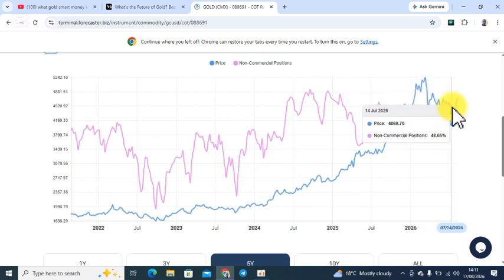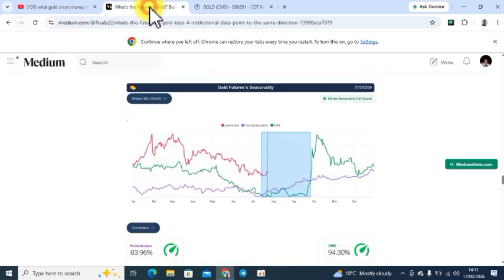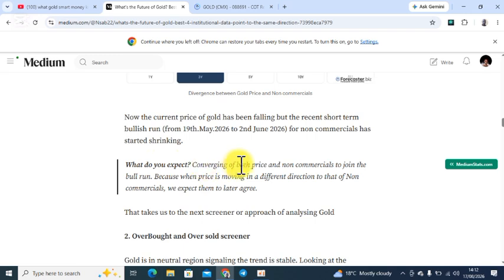So I said in my article version, you can also check it here. Let me show you. I said, what do you expect? Converging of both price and non-commercials to join the bull run. Because when price was showing the top and the non-commercials were showing the bottom, moving in different directions, we expect them to later agree, and this is exactly what happened.